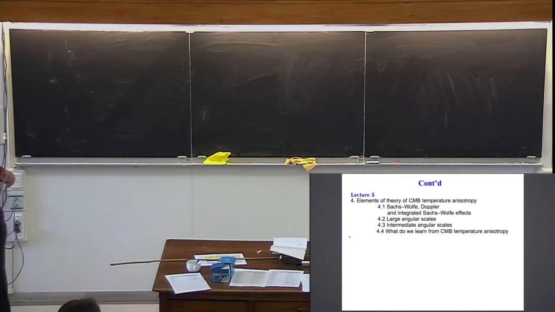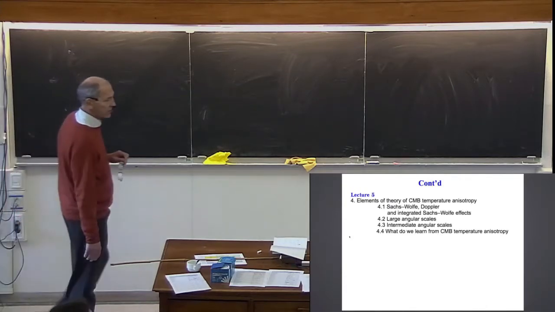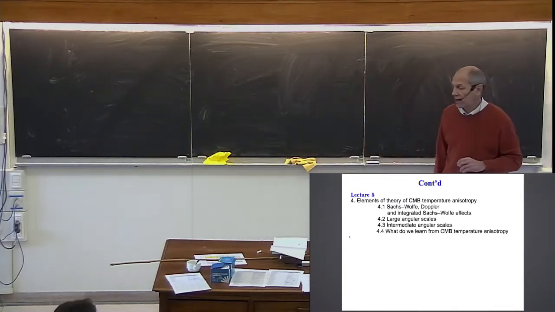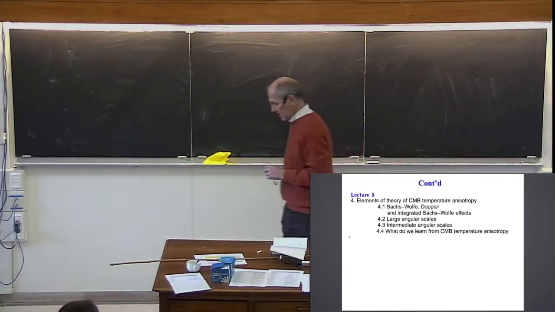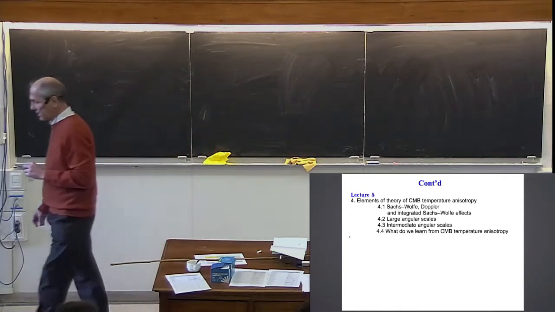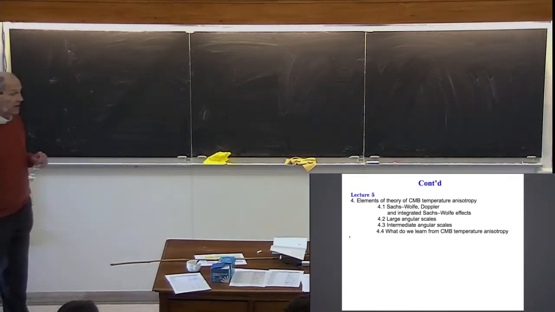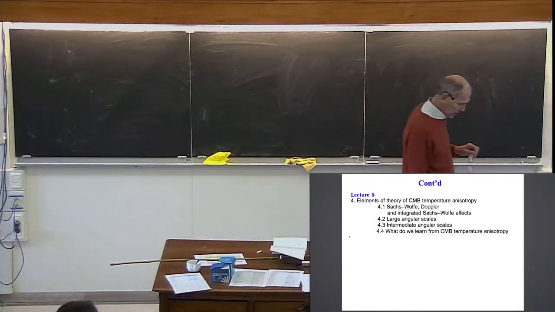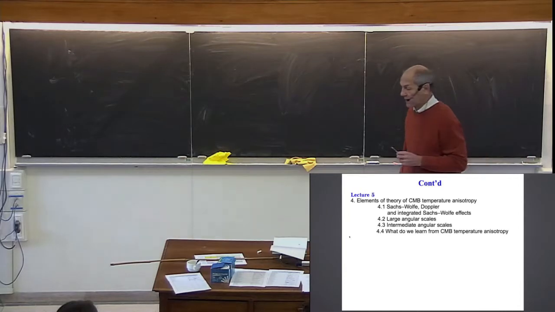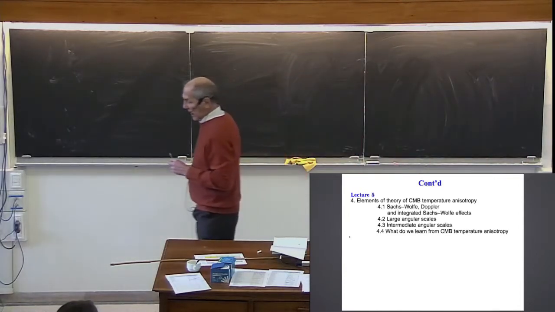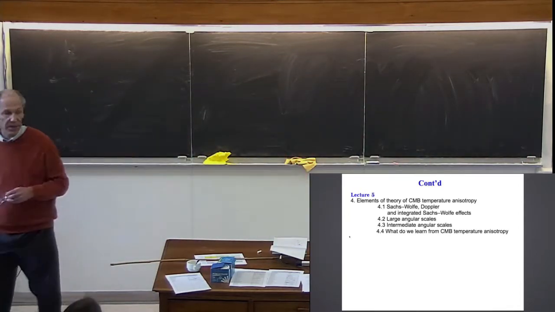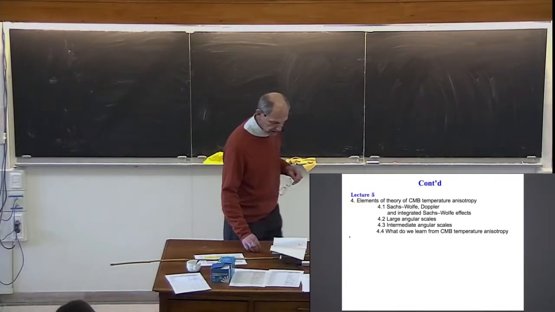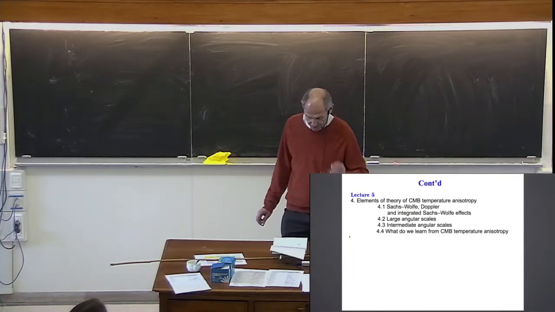And finally, we'll try to illustrate or give an idea of why cosmic microwave background is so sensitive to many things which you would like to know, which has to do both with the primordial perturbations, which we were discussing at length previously, and also the evolution of the universe after photon last scattering.